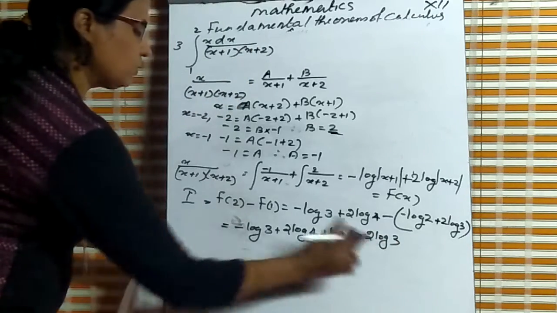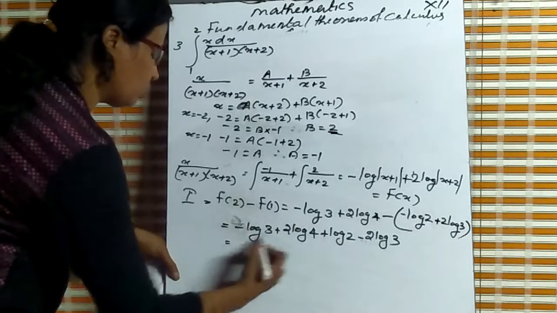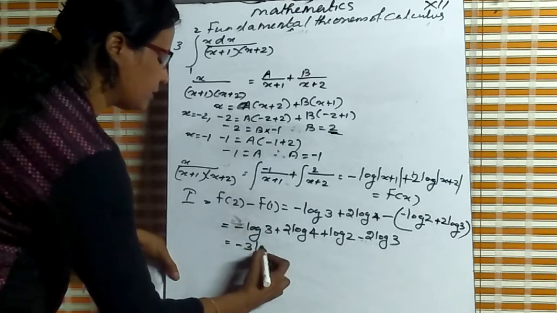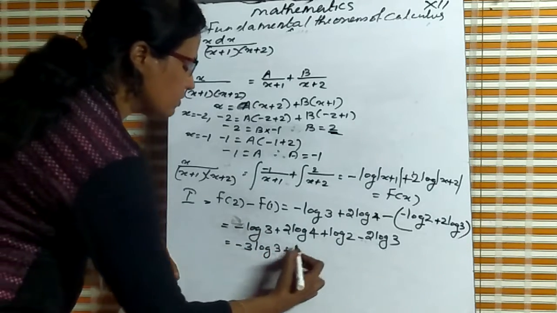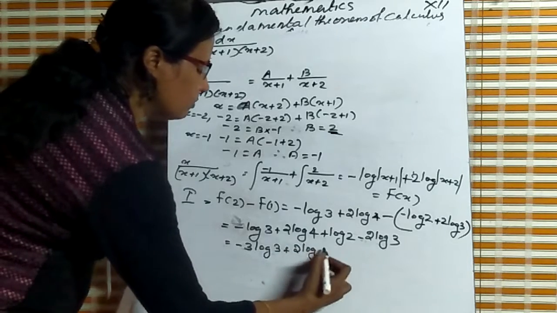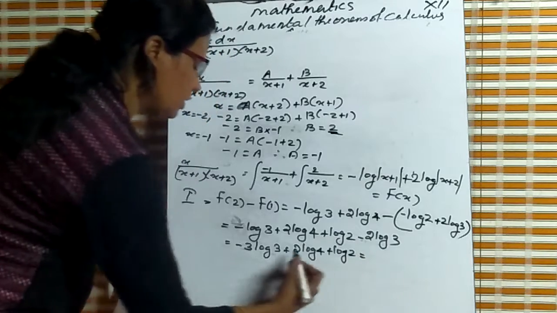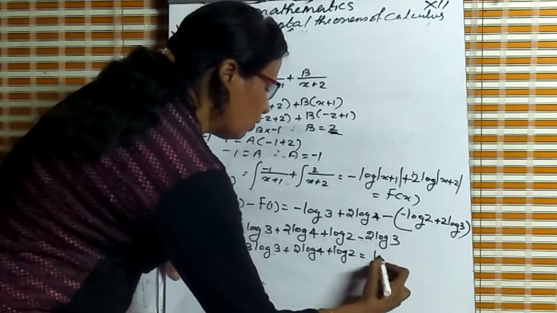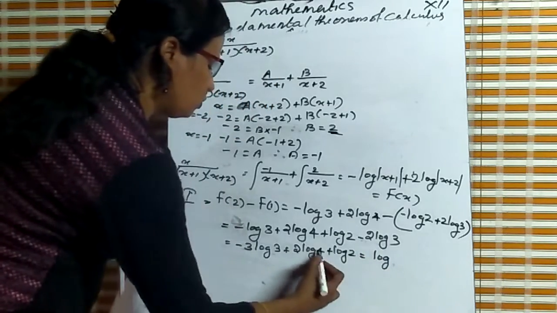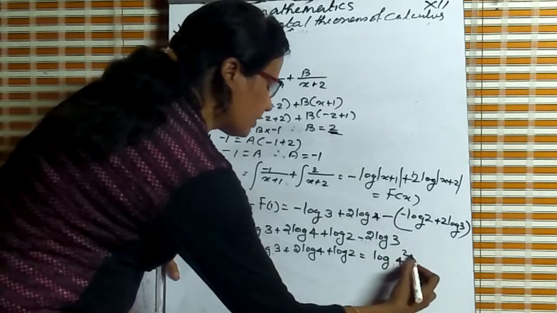Here minus log 3 and minus 2 log 3 is minus 3 log 3, plus 2 log 4 plus log 2 is equal to log 2, log 4 is 4 square.